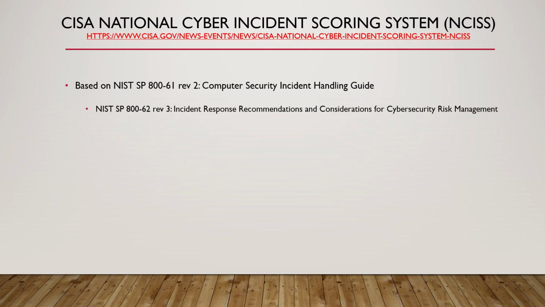Rev 2 was released in 2012. Revision 3 of the document was released in April 2025. It takes a different approach to things, as the title, Incident Response Recommendations and Considerations for Cybersecurity Risk Management, implies. This document in its subtitle proclaims to be a CSF 2.0 community profile.